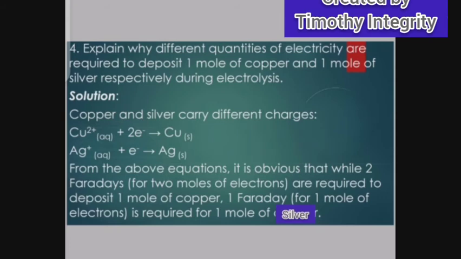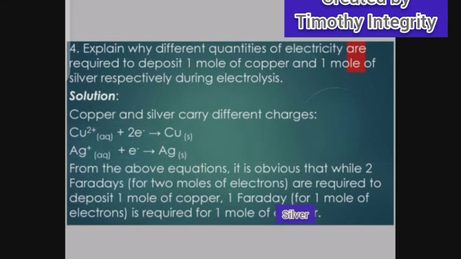Let's check question number 3. Question number 3 says, explain why different quantities of electricity are required to deposit 1 mole of copper and 1 mole of silver, respectively, during electrolysis. The solution: copper and silver, of course, they have different charges. So here are the equations showing their discharge.